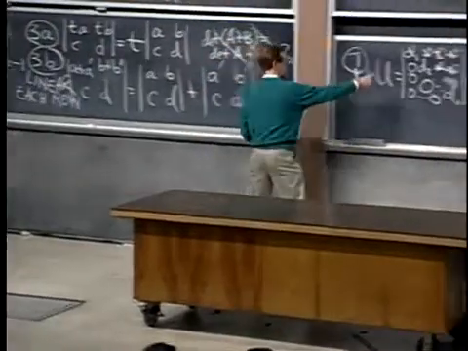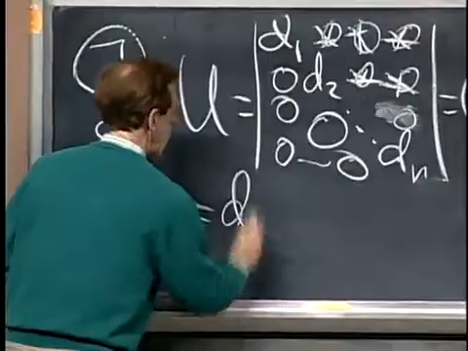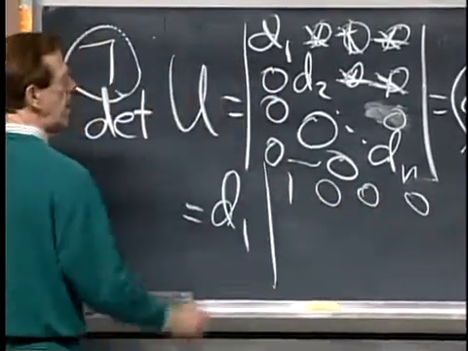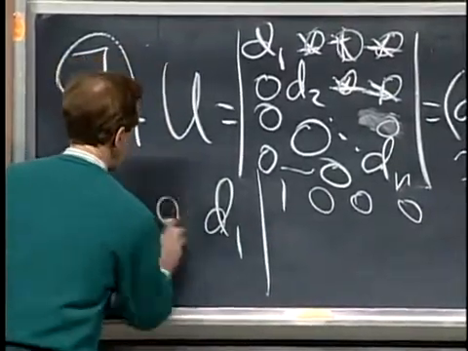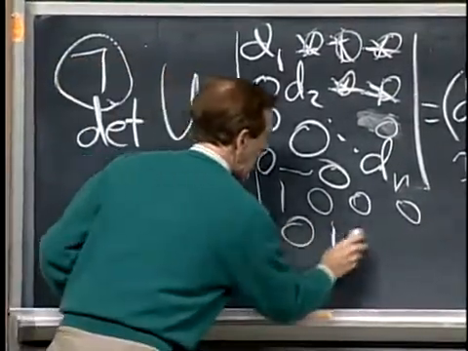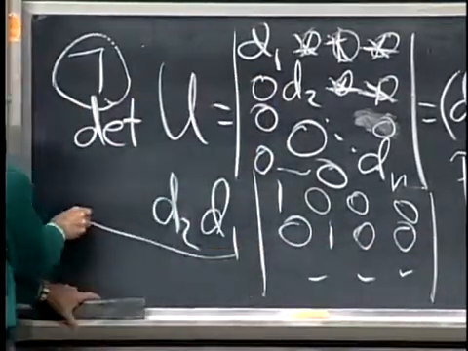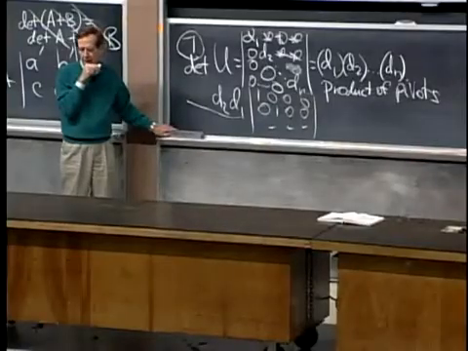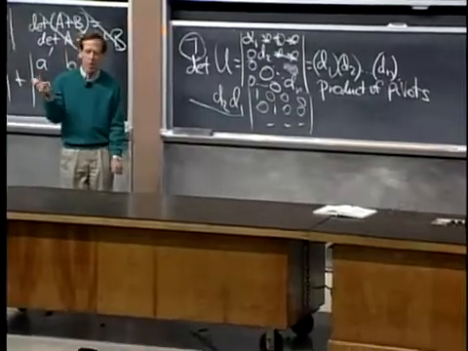I'll factor that d1 out and have 1 in the first row. And then I'll factor out the d2. Can I put the d2 here? And the second row will look like that, and so on. So I factored out all the d's, and what am I left with? The identity. And what rule do I finally get to use? Rule 1.